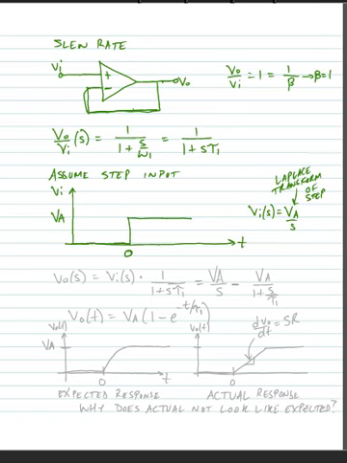Alright, so here we have that V out of S is equal to VI of S times 1 over 1 plus S times tau 1.